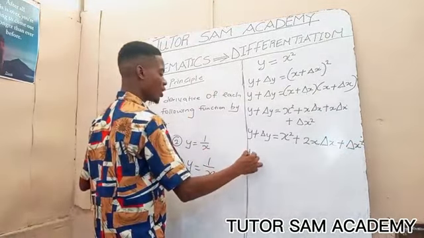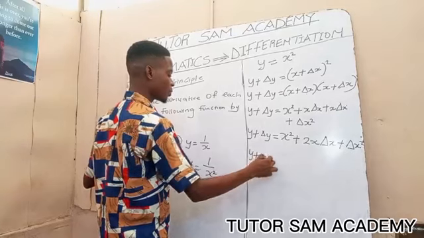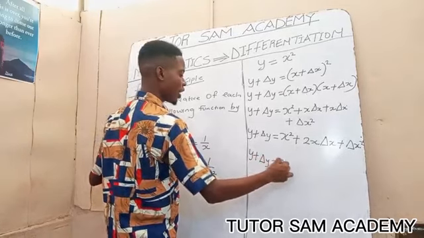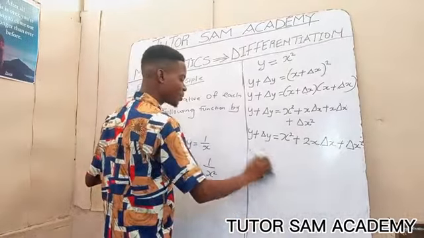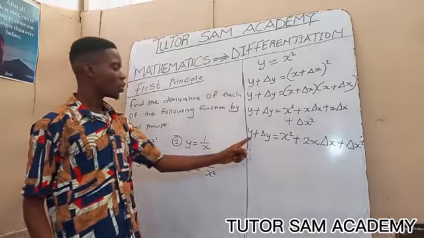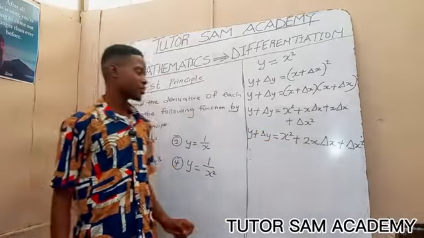So this is y plus change in y equal to x squared plus 2x change in x plus change in x squared. After this expansion, the next step is to take y to the other side.